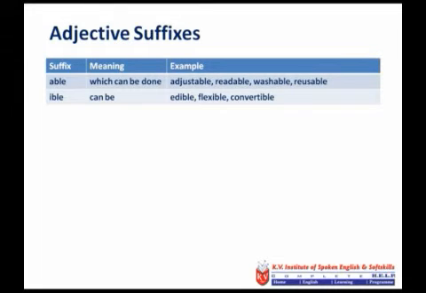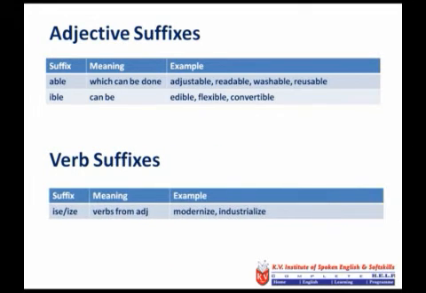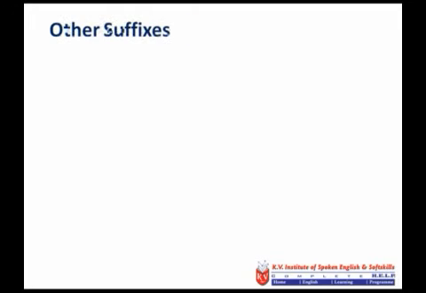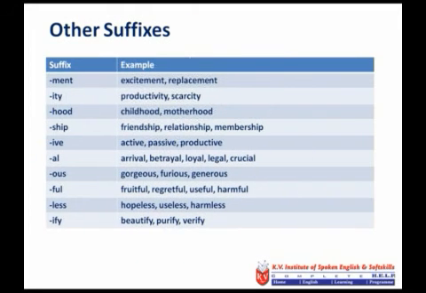Let's see some of the verb form of suffixes. Ise and ize. It changes adjectives to verbs. Modernize, industrialize. There are also some other types of suffixes, such as ment, which can be used in excitement, replacement.